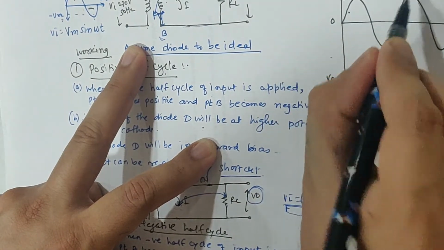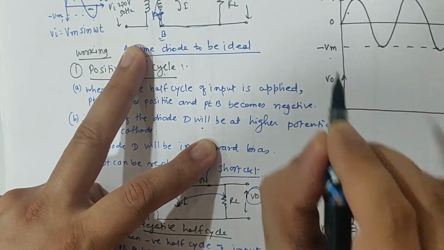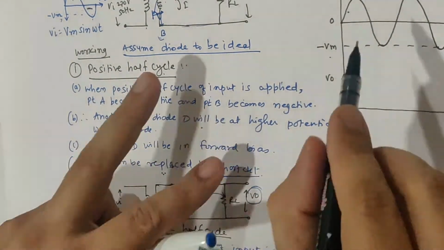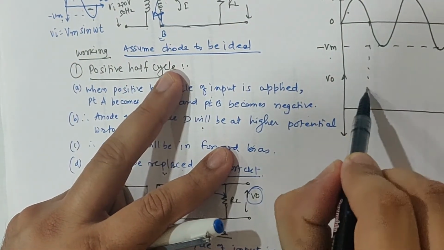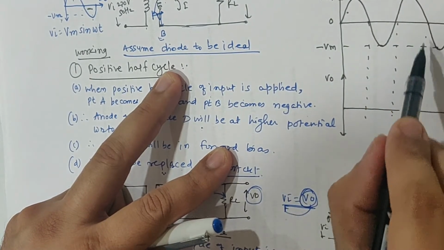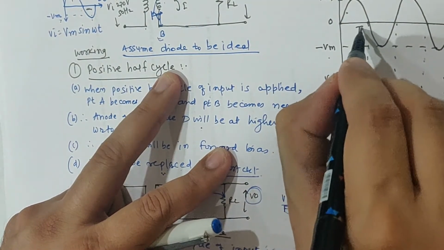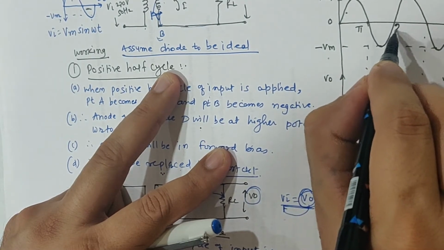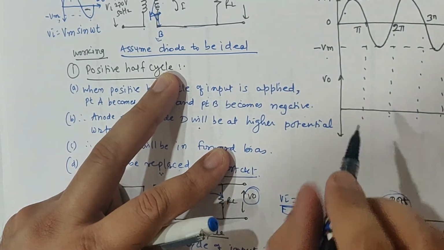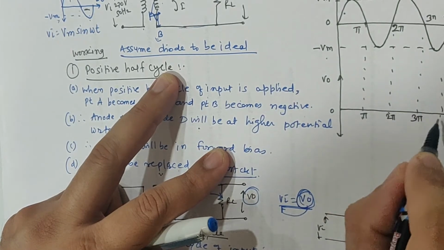Let us consider the upper peak voltage is Vm and the lower peak voltage is minus Vm for the input waveform. Similarly here the same thing will occur. I am just taking this down so that I can draw the diagram in proportion. And here I am writing the omega t values: 0, pi, 2 pi, 3 pi, 4 pi.